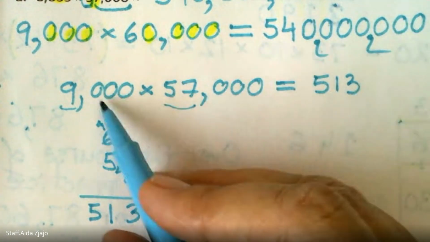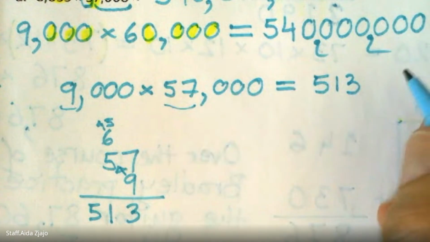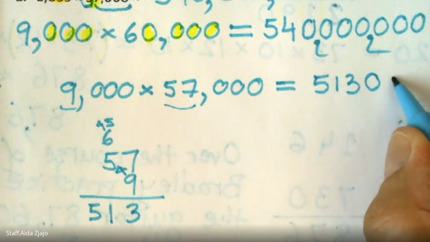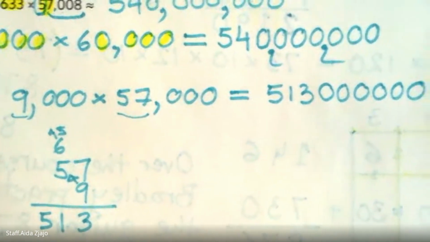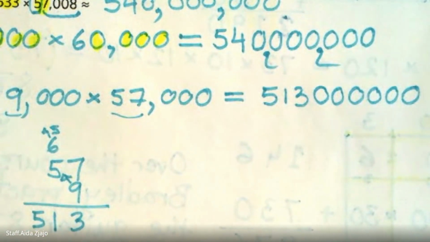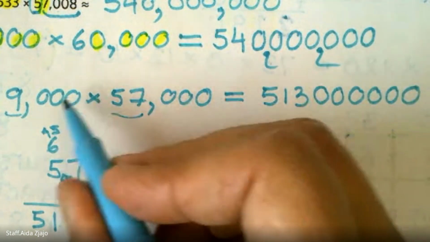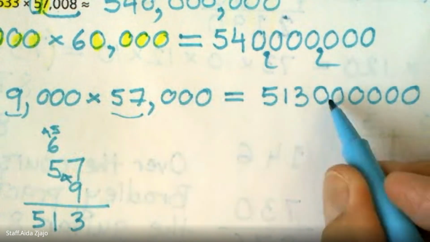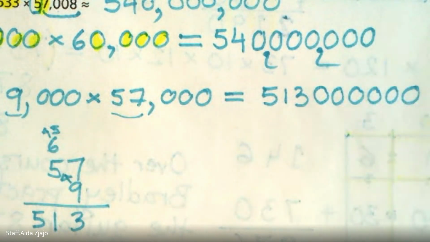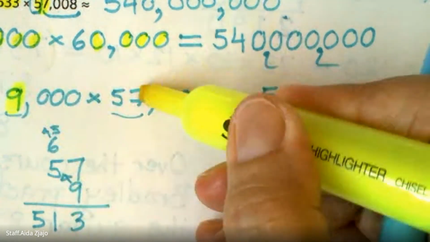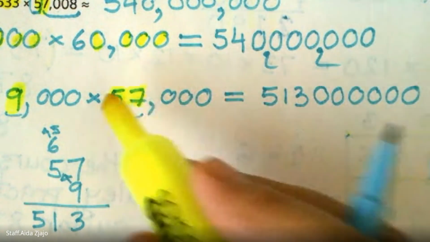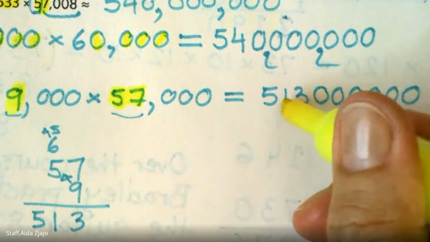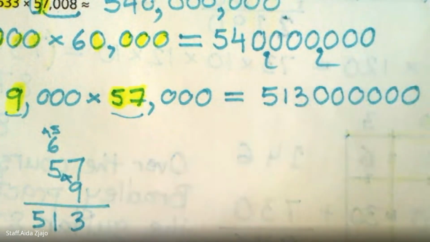And then you add the 6 more zeros. So it would be 1, 2, 3, 4, 5, 6. Okay, now you can see all. I did multiply 9 by 57 because I rounded to the nearest 1,000, not 10,000. And I got the answer 513.